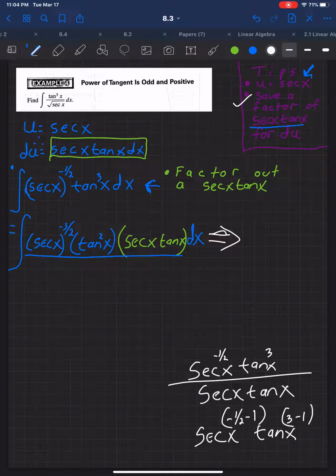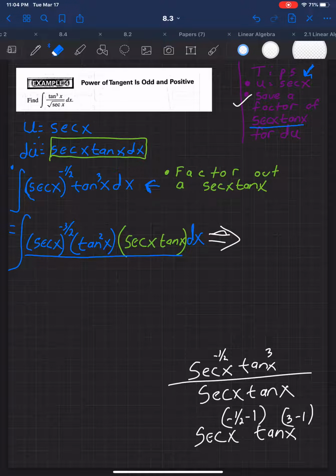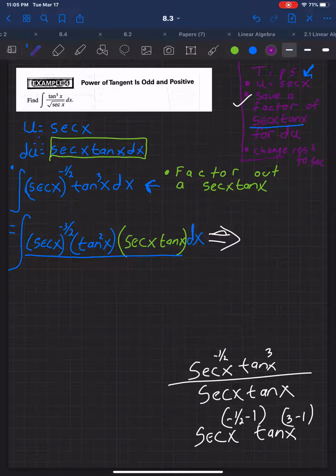The tip that I think I'm missing here is that after you've secured that factor, what we're going to end up doing is turning everything else into secant. So at this stage, I want to turn all else to secant.